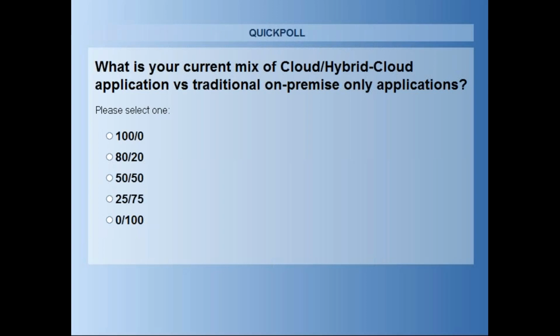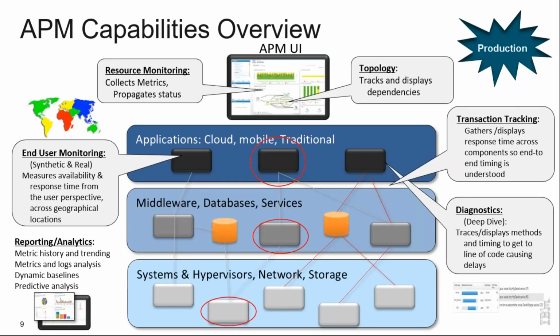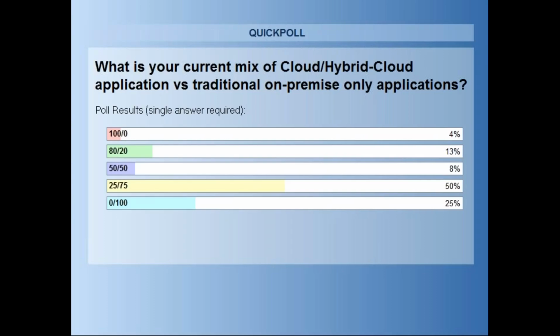3, 2, 1. Okay, and our survey says, well, only 4% are entirely on cloud and hybrid. I thought that number would be higher. 80-20, the usual 80-20 rule applies. 80% cloud hybrid is only 13%. Again, lower than I imagined. 50-50 is also only 8%.